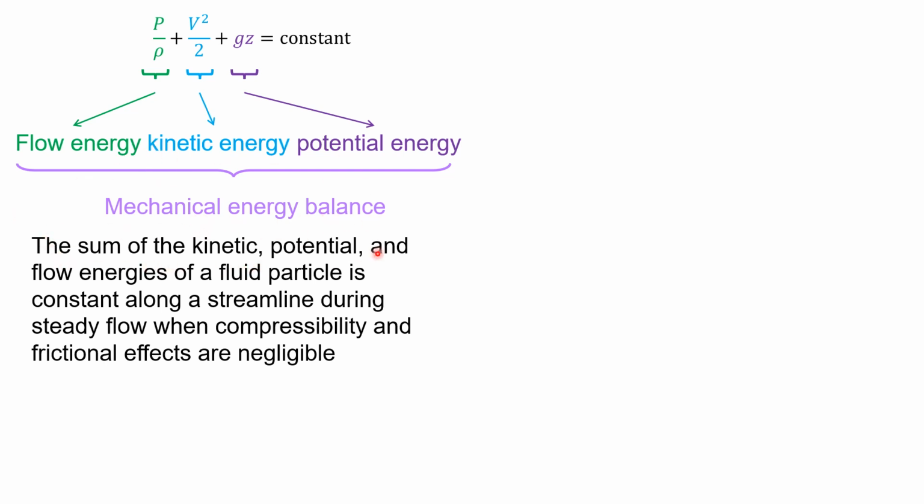The sum of the kinetic, potential, and flow energies of the fluid particles is constant along the streamline during steady flow when compressibility and frictional effects are negligible. So mechanical energy is the sum of all these three, and you can use Bernoulli's equation because of the steady flow when compressibility and frictional effects are negligible. So if the conditions are met, you can use this equation to estimate.